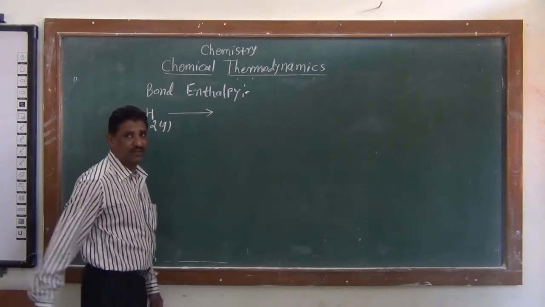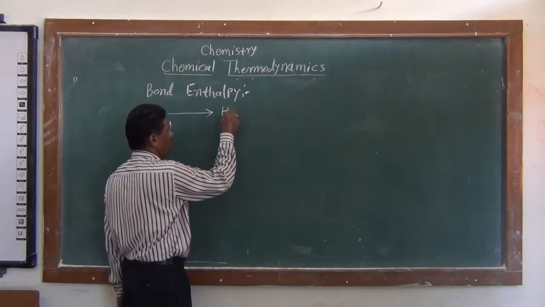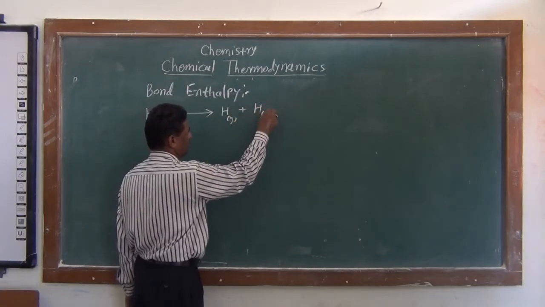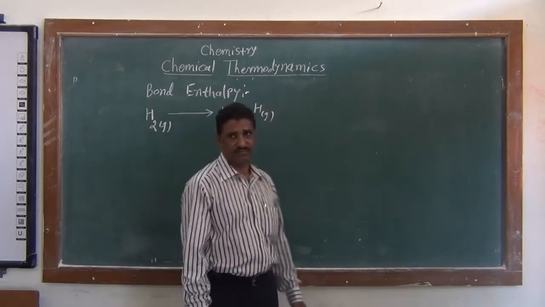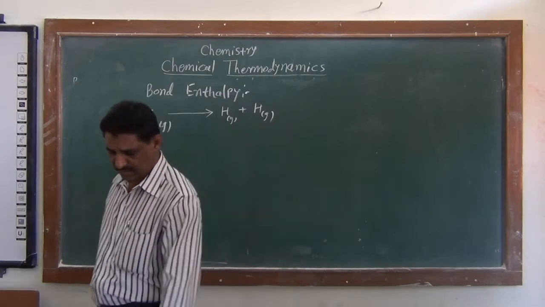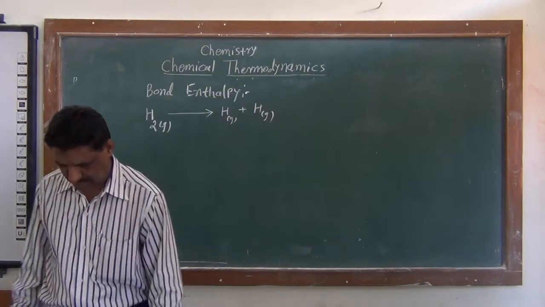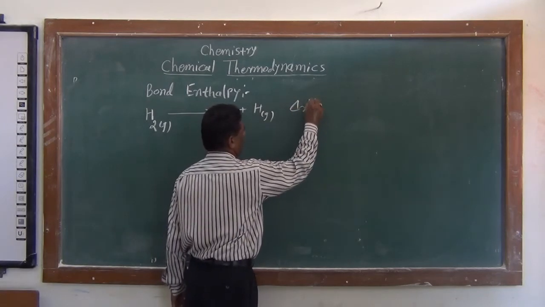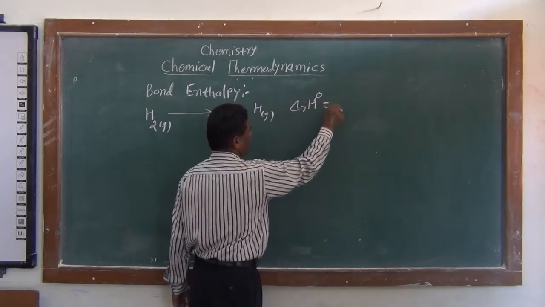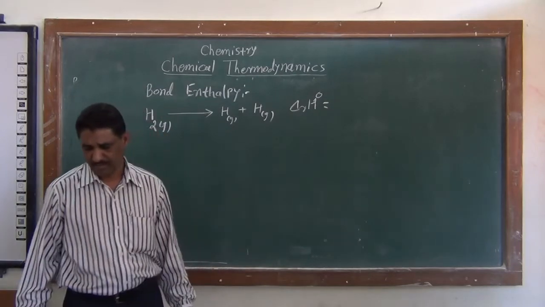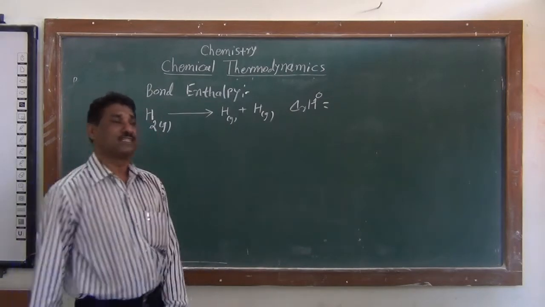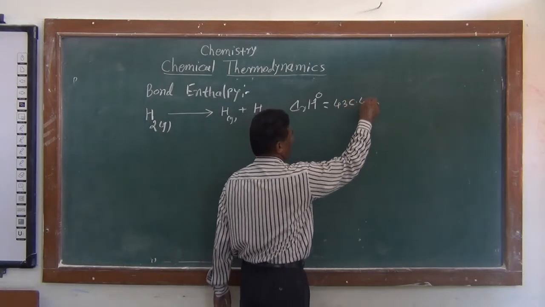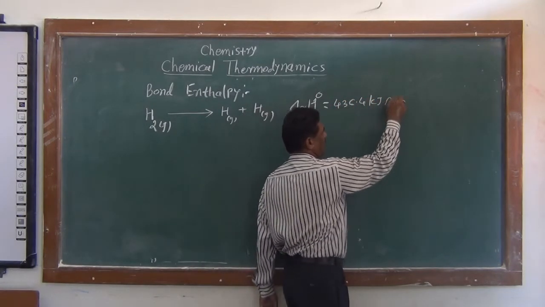We get 2 atoms of hydrogen, one atom gaseous plus this hydrogen, and delta H0 of this reaction is 436.4 kilojoules per mole.